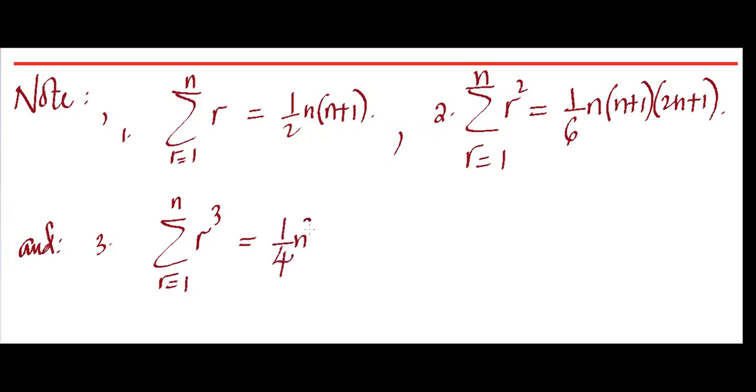That is a quarter n squared into n plus 1 all squared. That's the conclusion we have drawn from the stages we have gone through. We have confirmed that those are true.